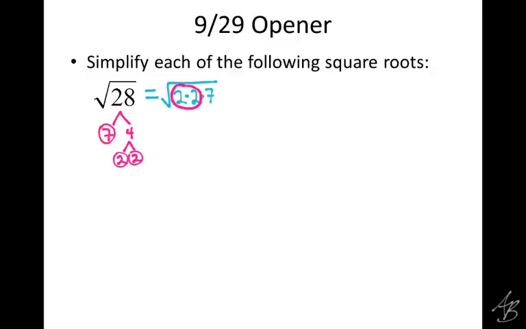Remember, the square and the square root cancel each other out. So there's only going to be one 2 now, and it's going to be on the outside. Exactly. Since the square on the 2 cancels out the square root, that 2 ends up on the outside. Now, there's nothing that's going to cancel the square root with that 7, so the 7 stays on the inside.